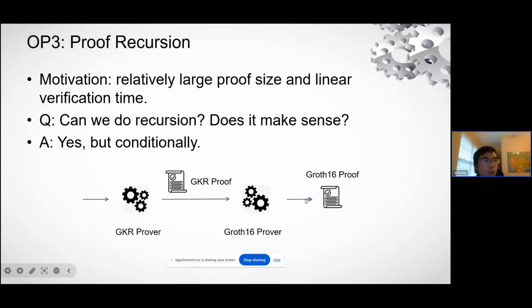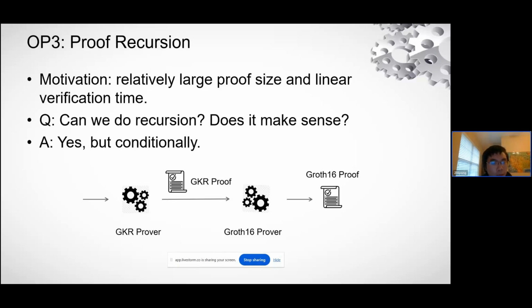We also have a proof recursion mechanism to reduce the proof size and the verification time. Our motivation is to reduce the relatively large proof size and linear verification time. If you are familiar with GKR, you will know that it has a proof size linear in the depth of the circuit, and that's why it's relatively large. And the verification time is linear in the circuit size. So the question here is, can we simply do a recursion?